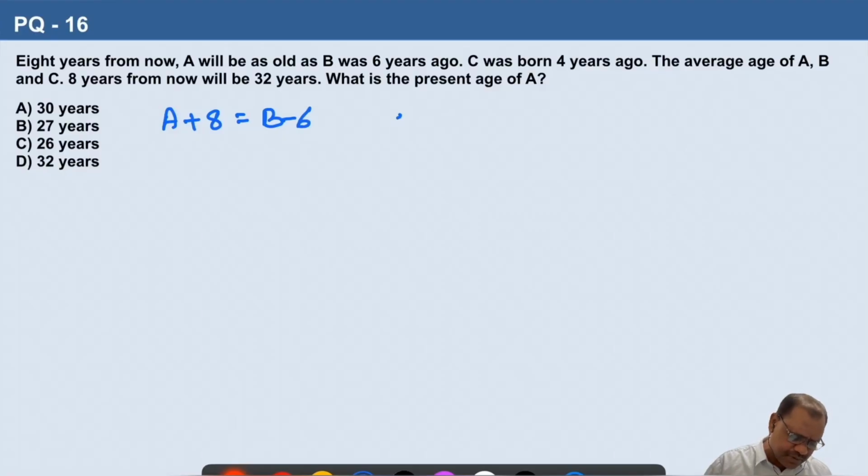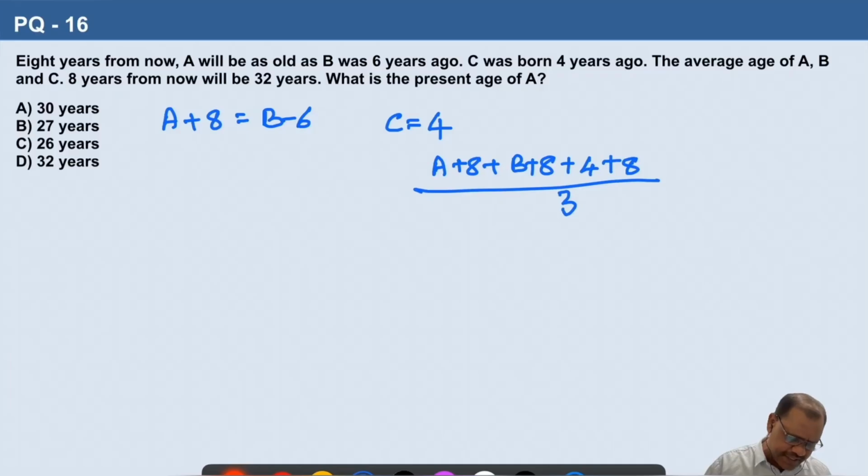C was born 4 years ago. The average age of A, B and C is A plus 8 plus B plus 8 plus C plus 8, C is 4, C plus 8, divided by 3 is equals to 32.